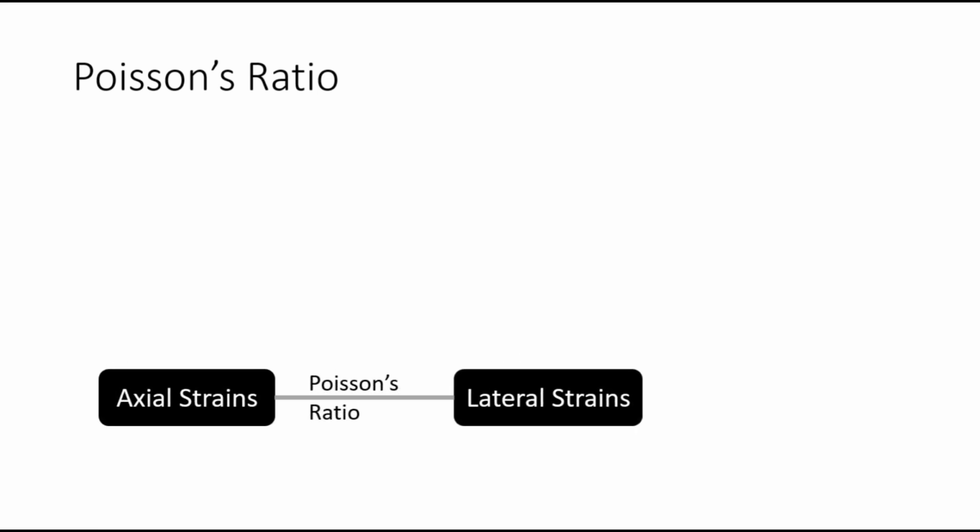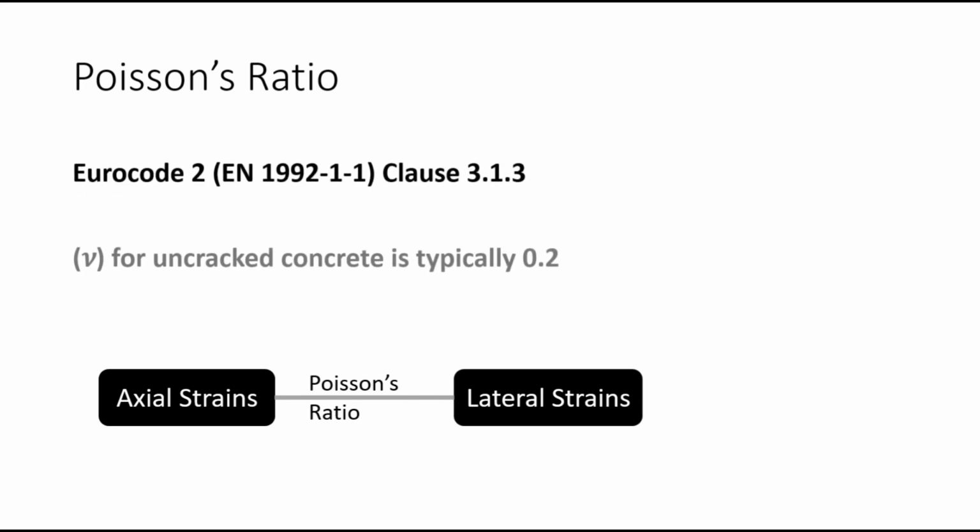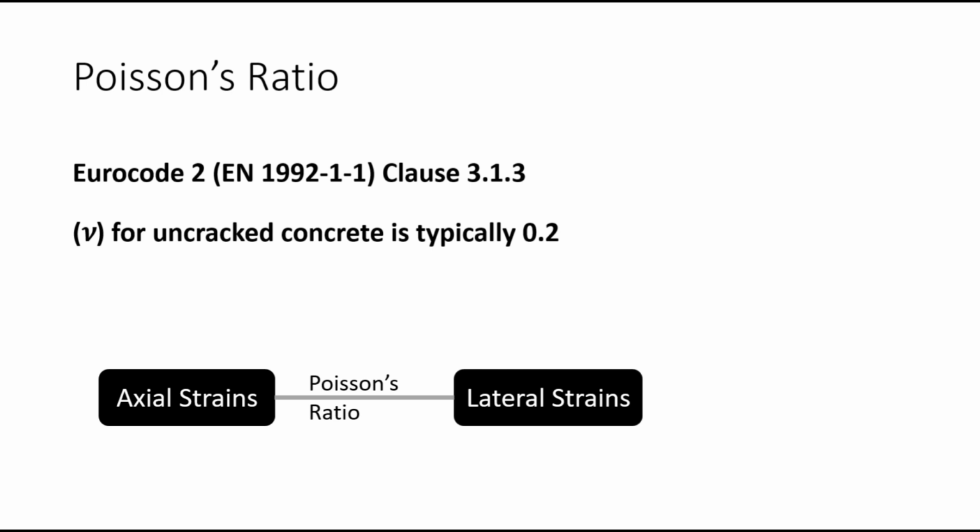Next, we are going to look at Poisson's ratio. Poisson's ratio describes the relationship between the axial strains and the lateral strains. According to Eurocode 2, for uncracked concrete, the Poisson's ratio is typically taken as 0.2.